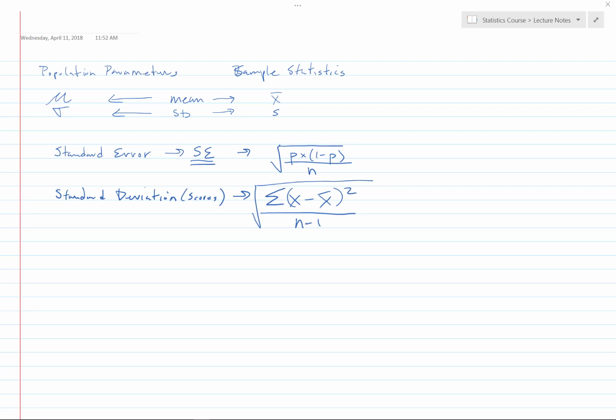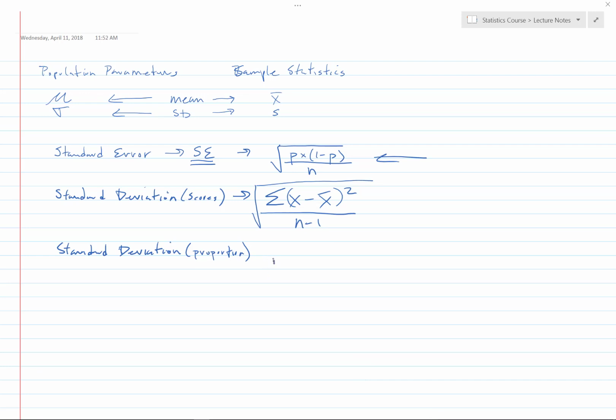The standard deviation, however, of a proportion is not this formula here. The standard deviation of a proportion is given by this formula over here.